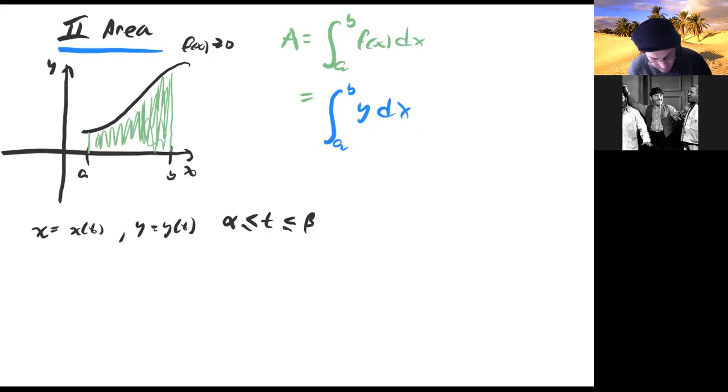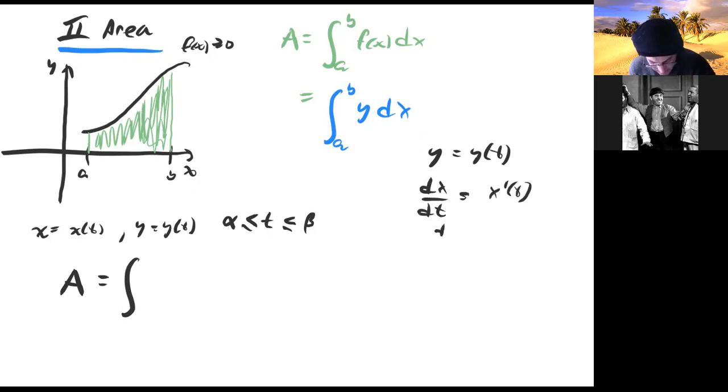Well, we could just copy the formula: the area is the integral of y times dx. But y is y of t, and dx dt is x prime of t, so dx is x prime of t dt.